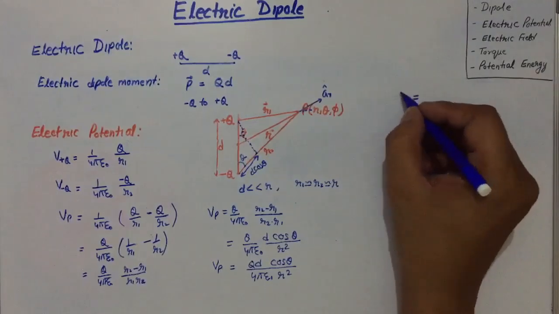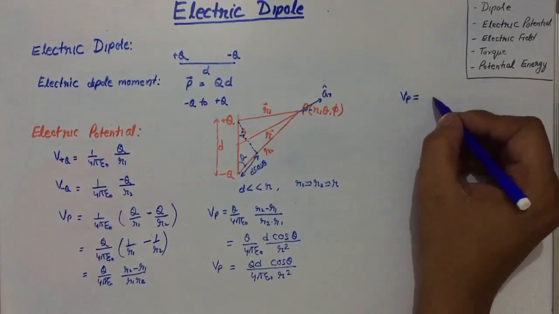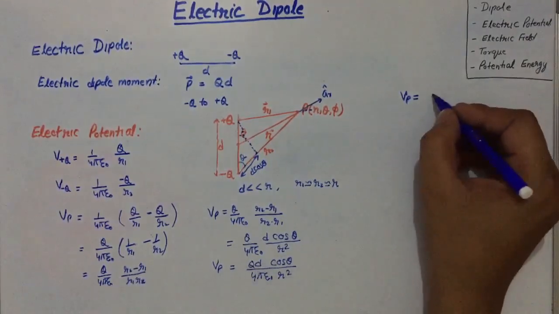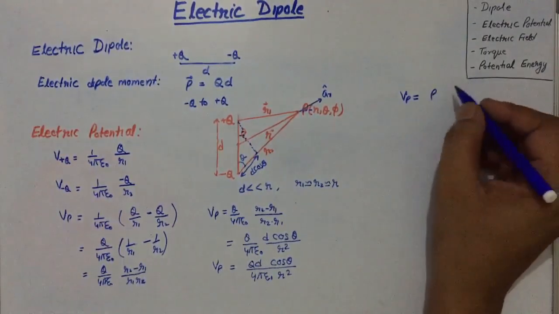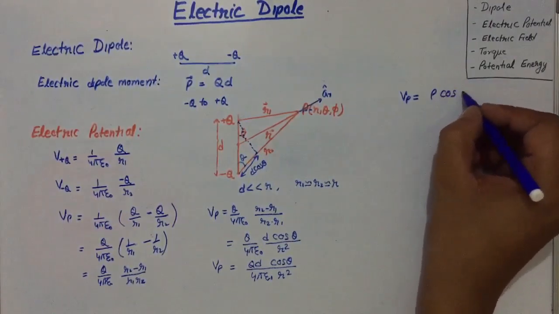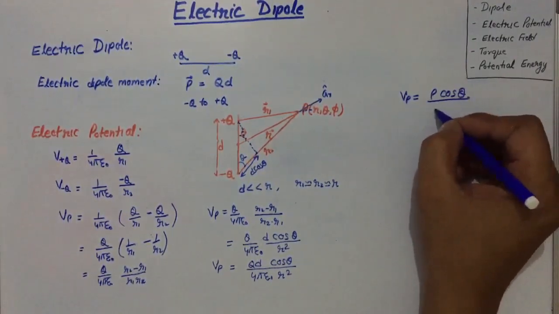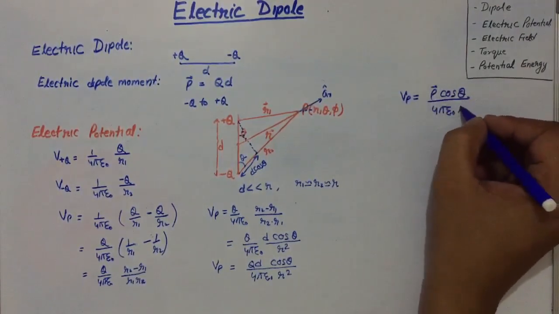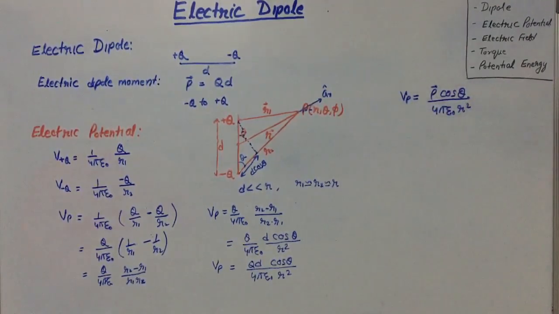So Vp further can be written as, can we write this p? Qd can be written as p, so p cos theta over 4 pi epsilon naught r square, we can write like that.